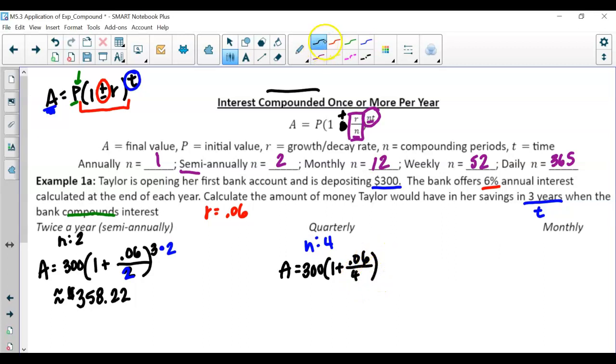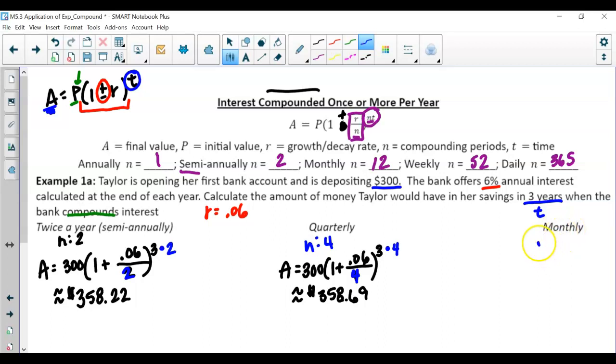Then raise that to the 3, but times our 4 value, that n here. Practicing putting it in the calculator, this is approximately $358.69 with rounding.